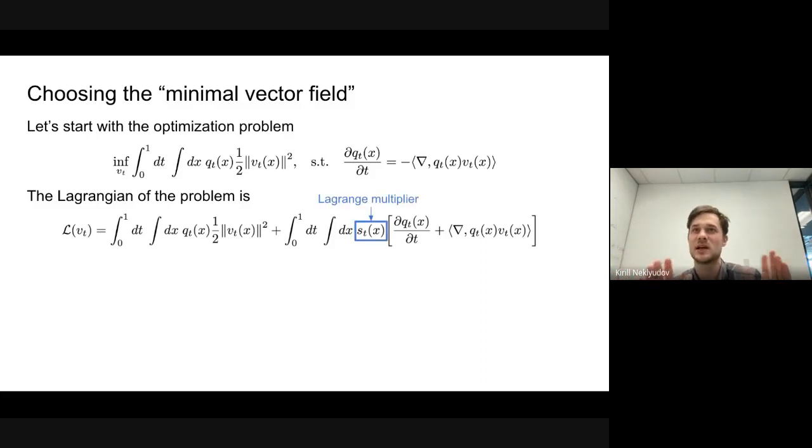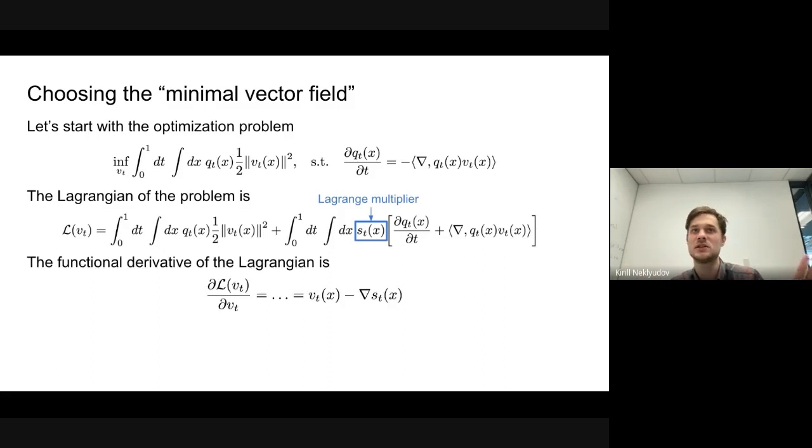So we just put a Lagrange multiplier on our constraints, right, and minimize the objective. So we write down the Lagrangian for this problem, and then we can take the derivative of the Lagrangian. It's quite easy, but I'll spare you the derivations, and we can differentiate this Lagrangian with respect to vector fields, and we'll get that the derivative equals this.